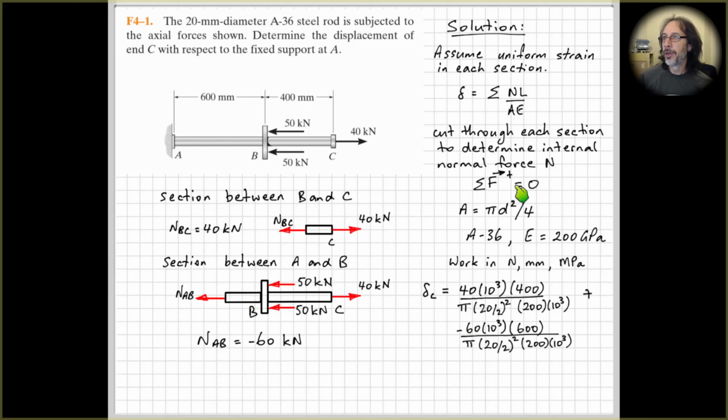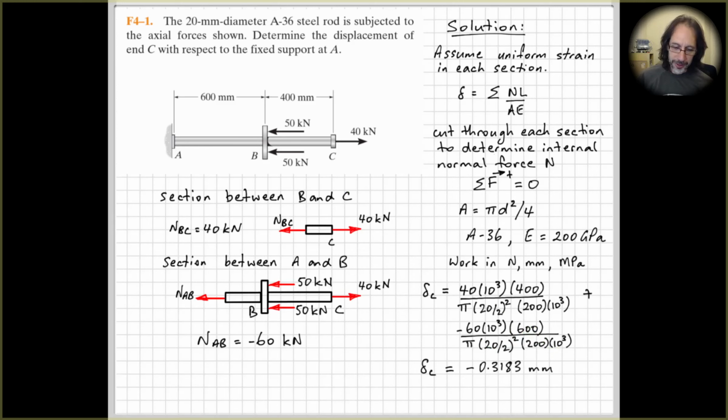All right, so our normal force here that we calculated was 60. Again, try and get into the habit of thinking about this force as being the internal action, not an external force. If you're thinking about it as an external force, you might be tempted to put in 100 or something, but as I said, we use the internal force. The length is given as 600 millimeters, same area, same material.